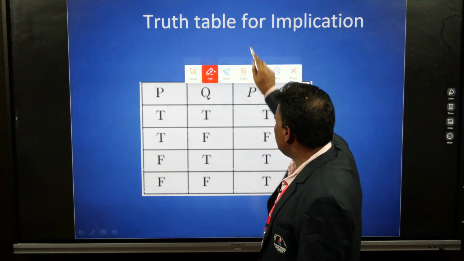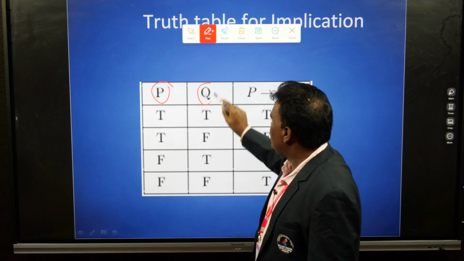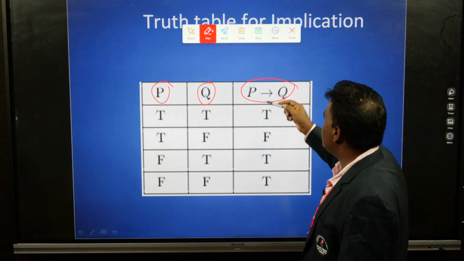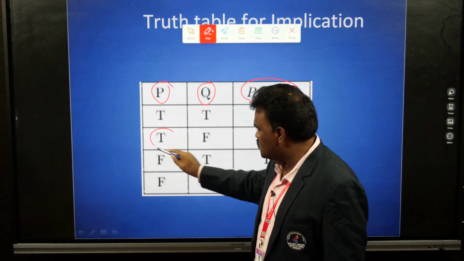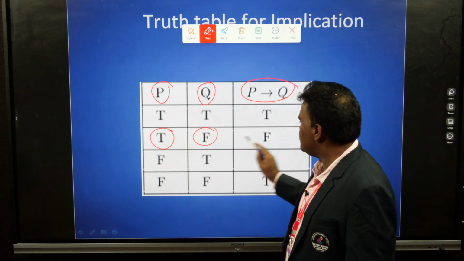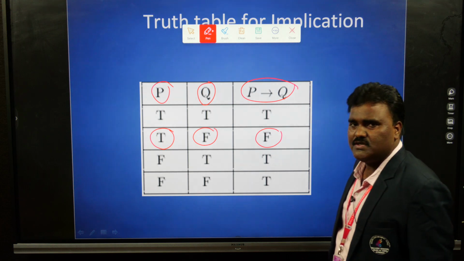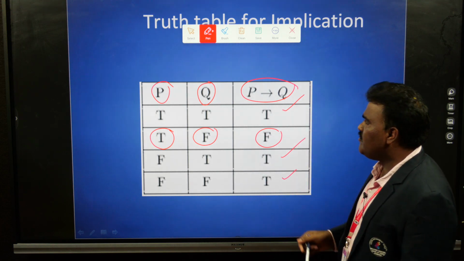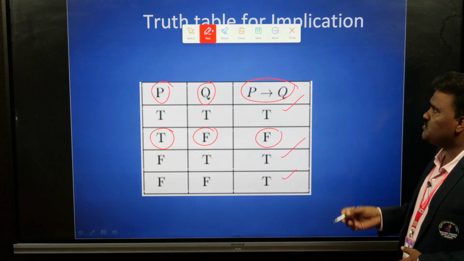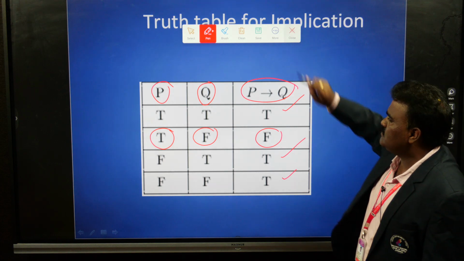Here we have two statements P and Q, and the result has to be represented, because this is implication, P implies Q. If the first statement is true and the second statement is false, then the result will be false. In all remaining cases, the result would be true only. In that way we represent the truth table for implication.